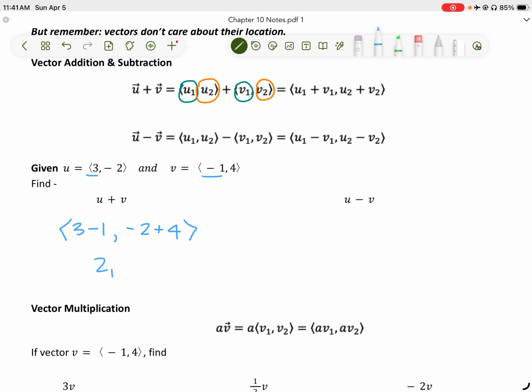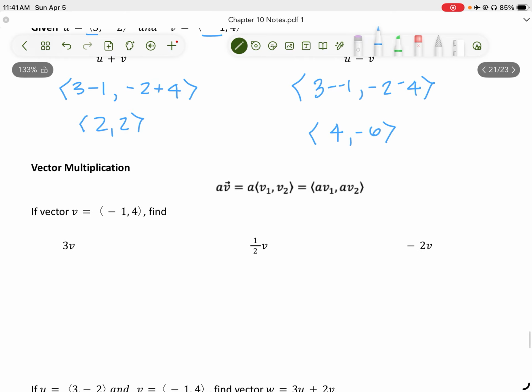So we would have 2, 2. Subtraction works the same way. The only difference is that you are subtracting those terms. So we have 3 minus -1 and -2 minus 4. So we end up with 4, -6.